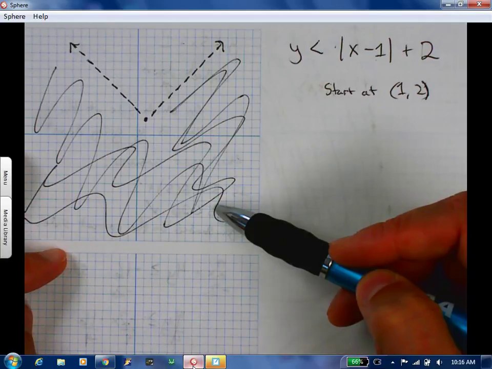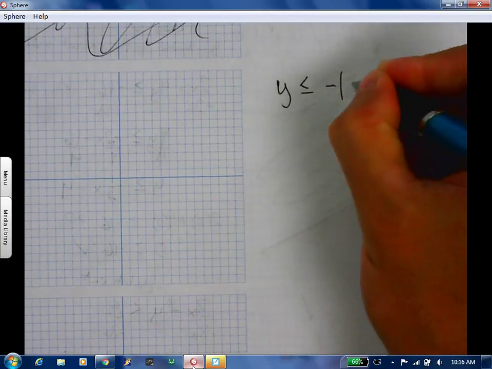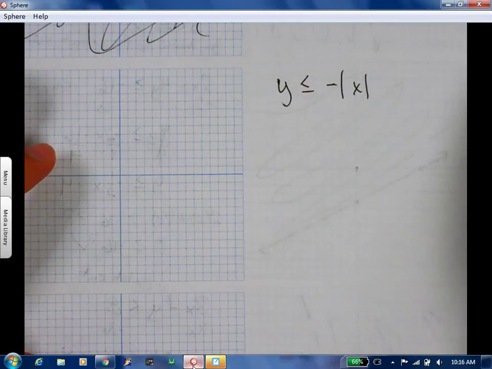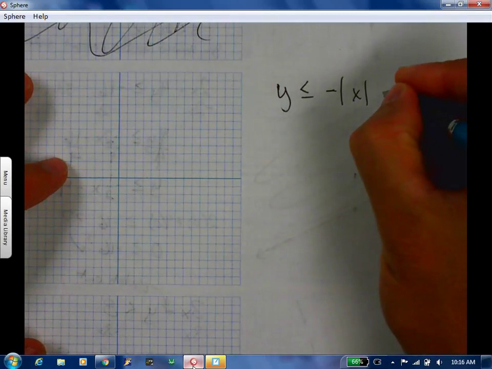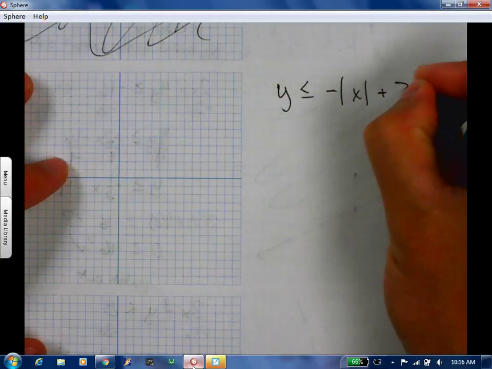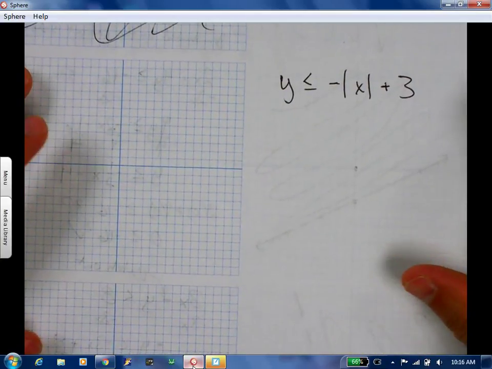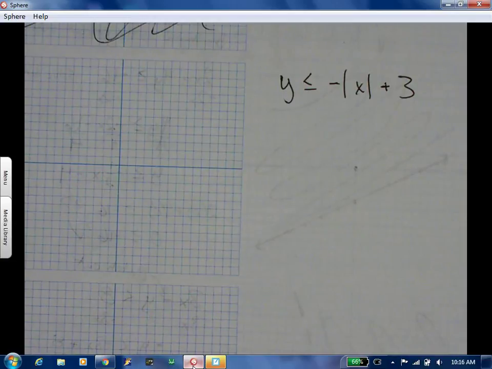You want to do one? Y is less than or equal to negative absolute value of x plus 3. Well, don't always think of it as negative.